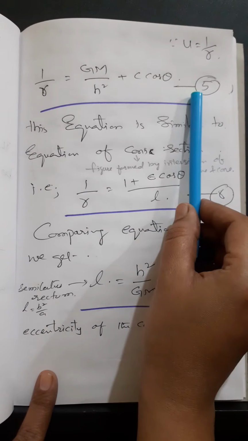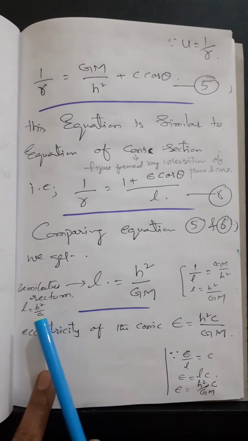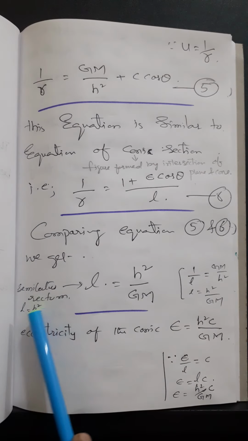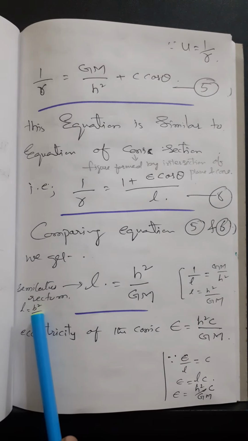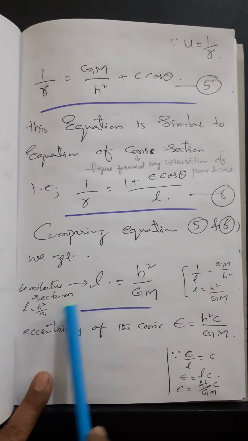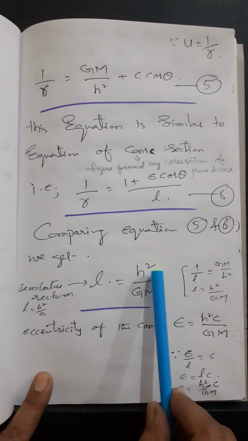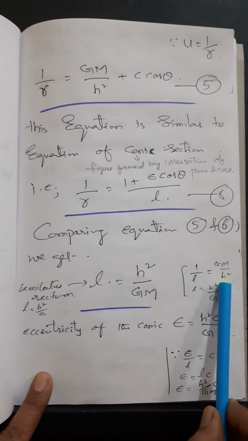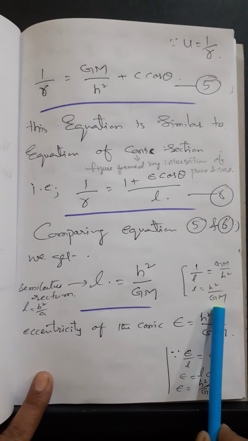Now comparing equation number 5 and 6, we will get the semi-latus rectum L, which is the square of the semi minor axis by the semi major axis. If you compare these two equations, we get 1 by L is equal to gm by h square, or L is equal to h square by gm.